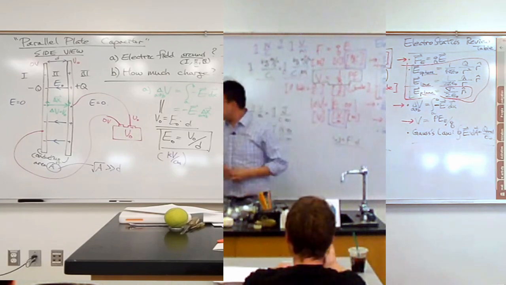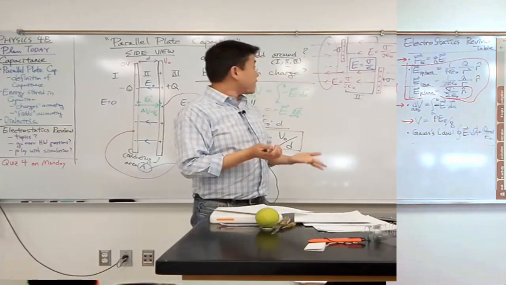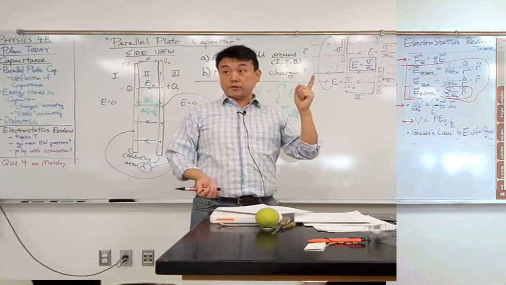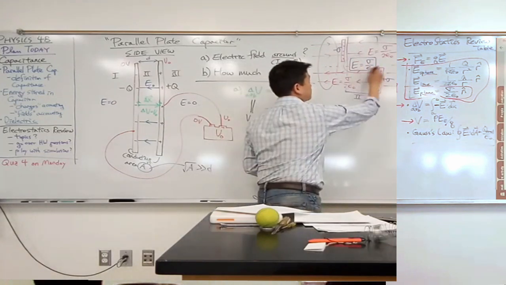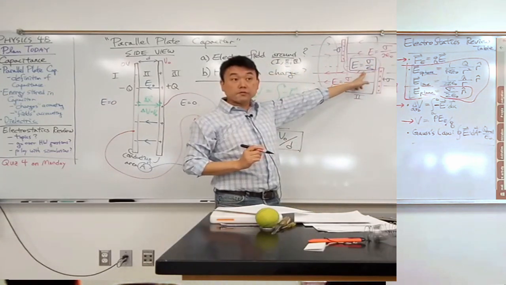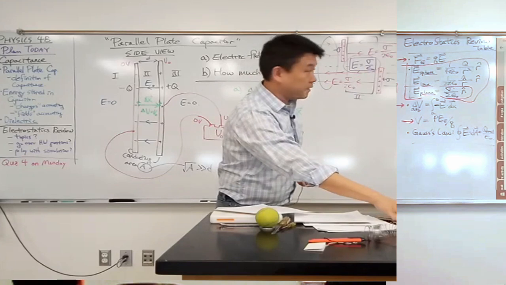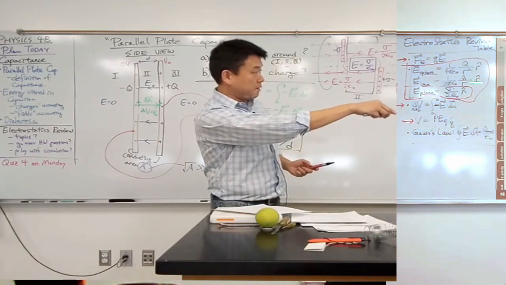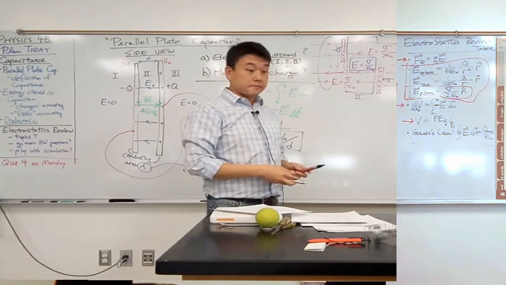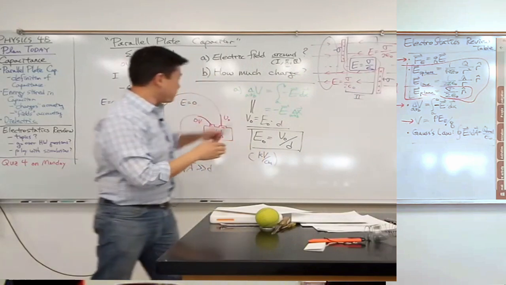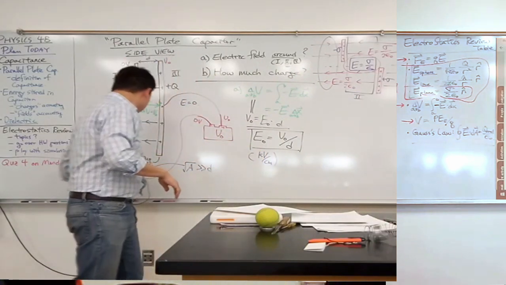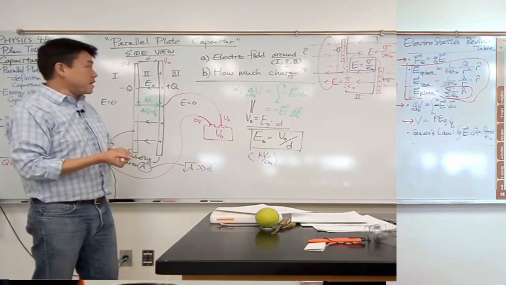So here, the formula that would connect charge to the electric field, which you know, is this expression here, what we just went through. And this comes from the plane electric field formula. So to answer this question of part B, how much charge, this is my starting place.